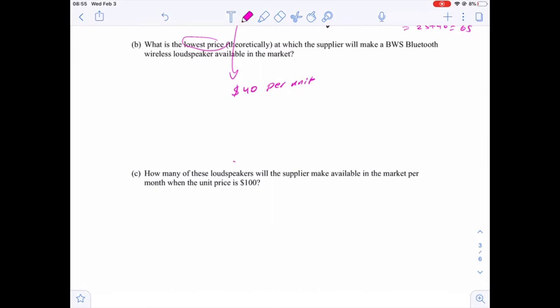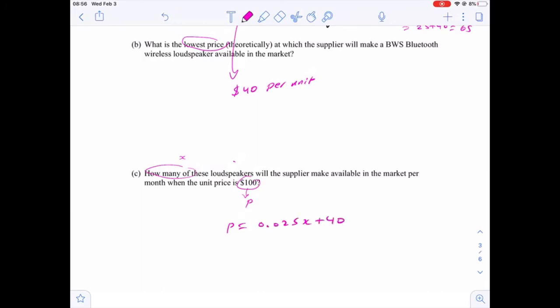Part C: how many of these loudspeakers will the supplier make available in the market per month when the unit price is $100? So this is the unit price p, and we want to find how many, that means we want to find x, the quantity. We only have one equation here, the supply equation p equals 0.025x plus 40.